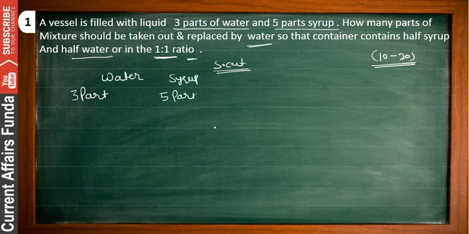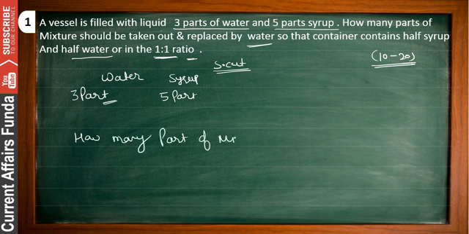The question is asking how many parts of mixture should be taken out and replaced with water. Okay, so if you need to calculate how many parts of mixture, just do one thing here.